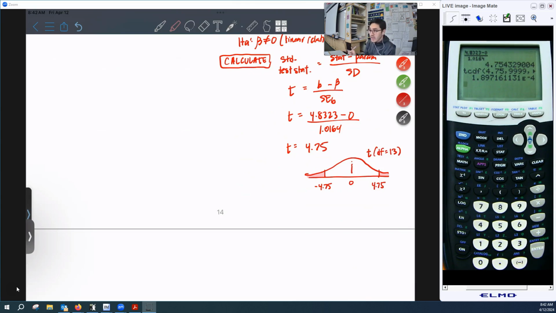But then I'm going to double it because there's also the area in the left tail. So times 2. We get 3.79 times 10 to the negative 4.